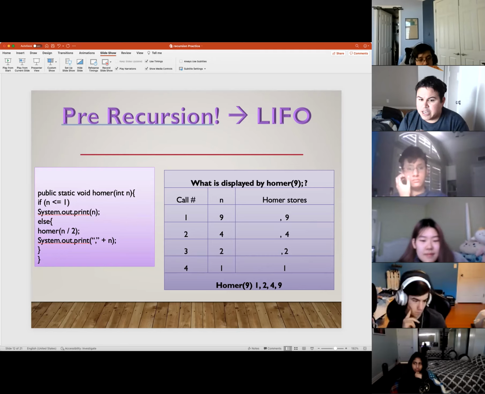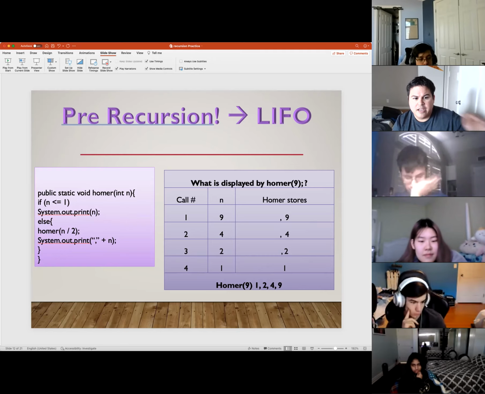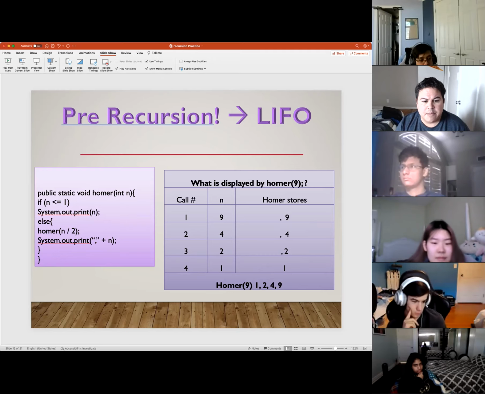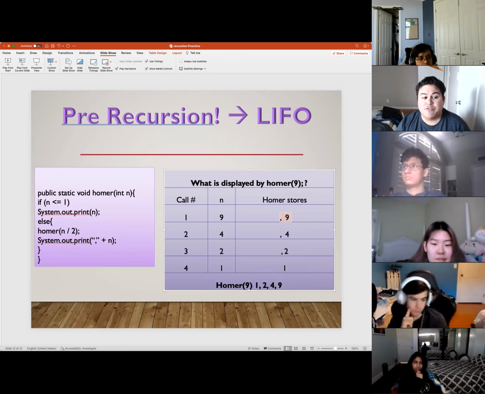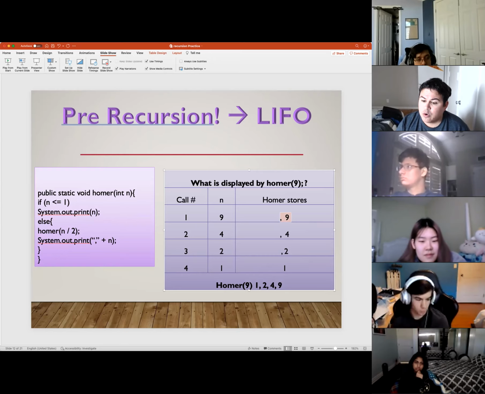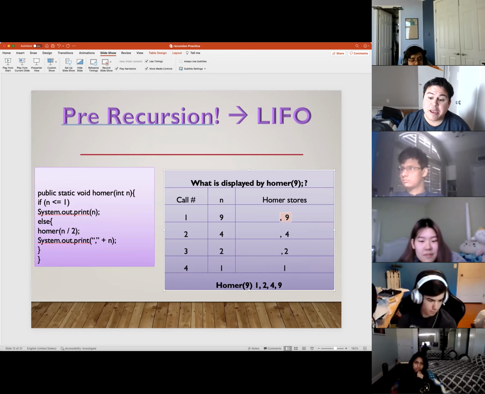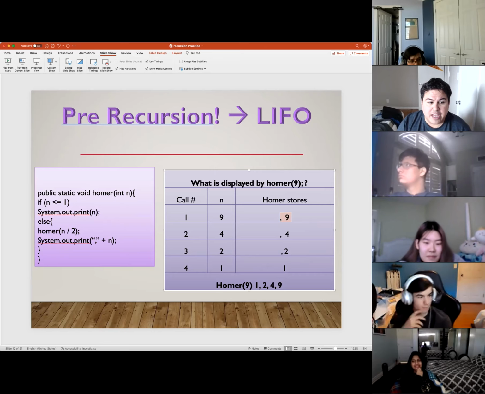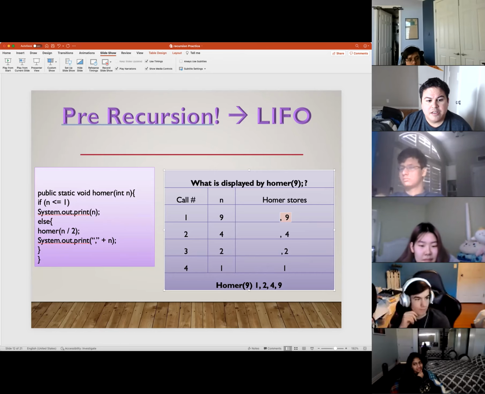Okay, so let's take a look. 9 goes in. Okay, what does it store? Comma 9. Okay, then, so we run this first, but we still have to store this. Okay, we still have to store this. Okay, that's Spanish for we have to store it. Okay, the next thing, comma 4.